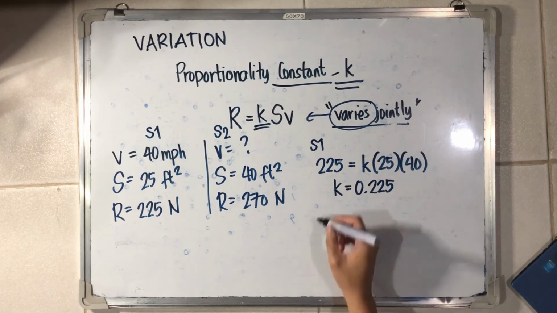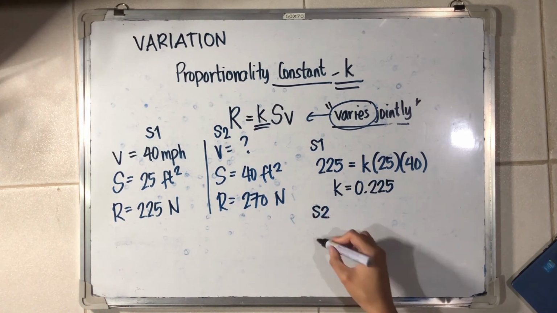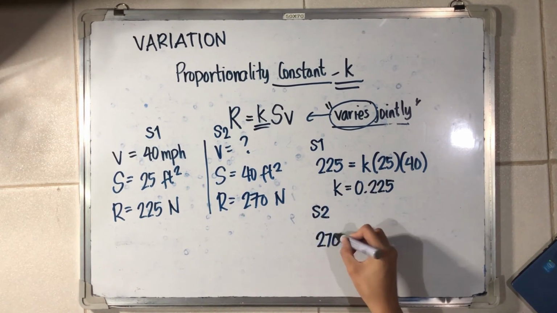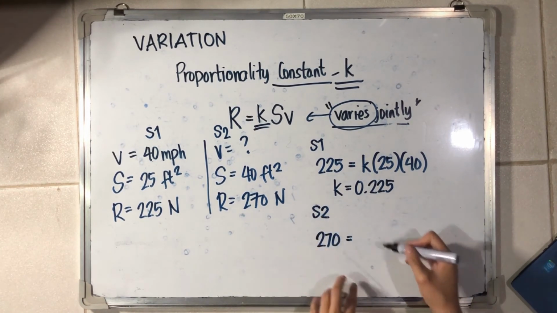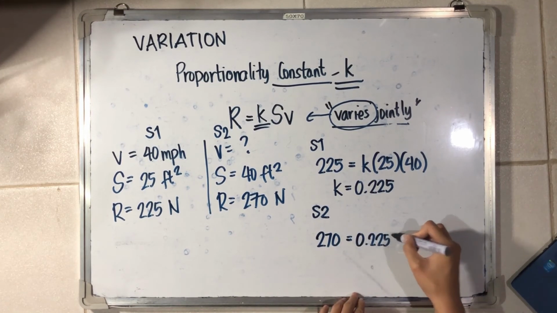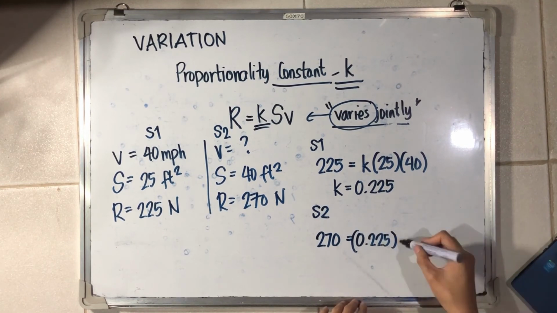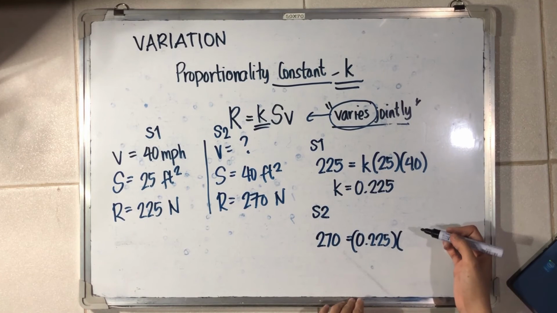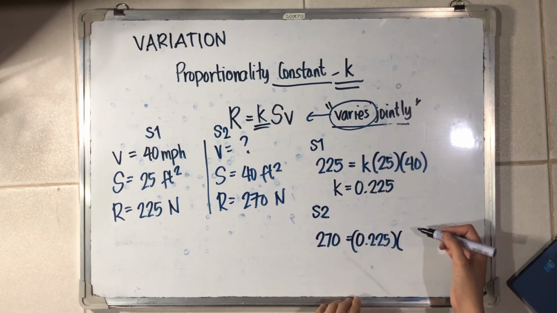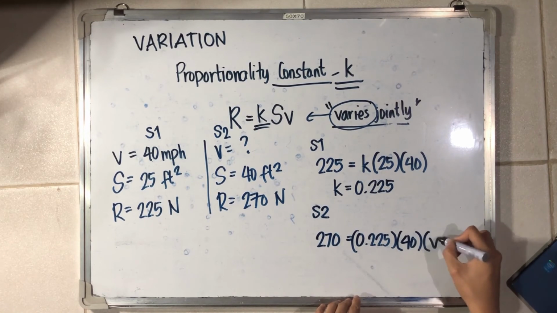Alright. So now, looking at our setup 2, ang resistance niya ngayon is 270 newtons from the given. K is now 0.225. Ito yung na-compute mong K value from your computation here. And then, meron tayong S, which is 40, and velocity naman natin ang unknown.